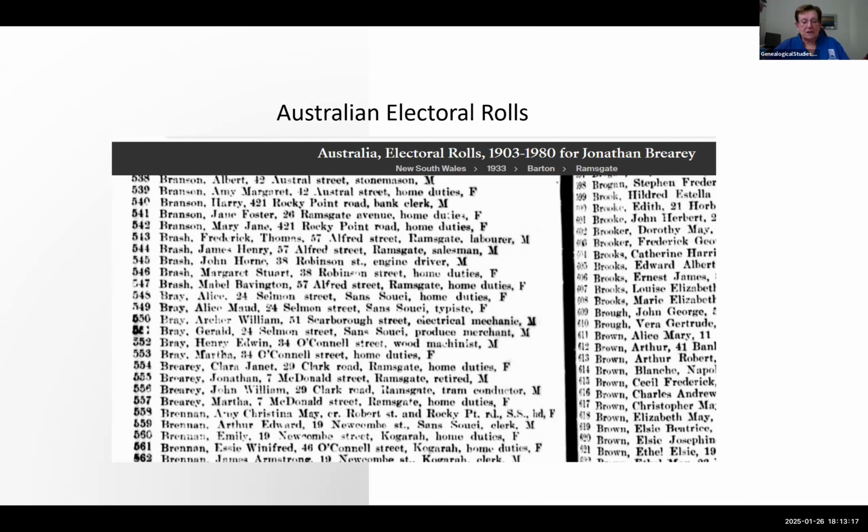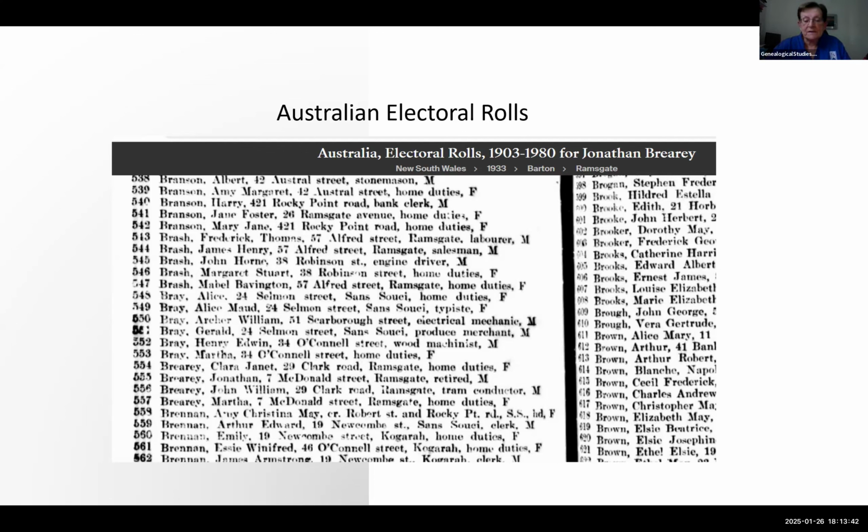If you remember the birth certificate, or the indexes we looked at for New South Wales, we had the birth certificate for John, and now John has reached the age of 21, so he is on the electoral roll along with Jonathan and Martha, his parents.